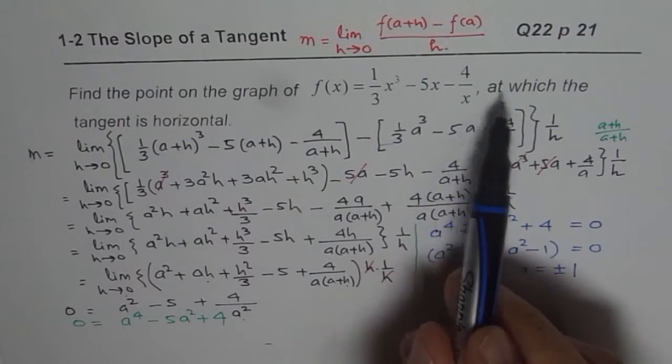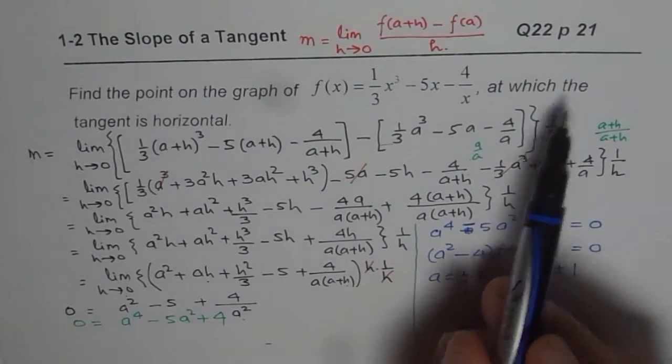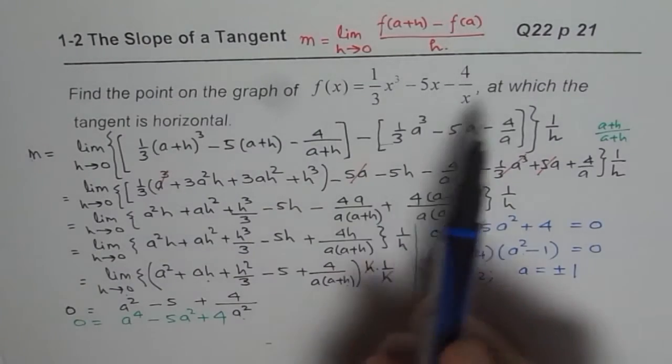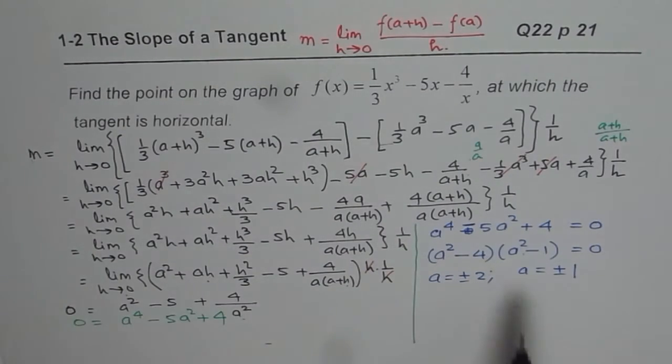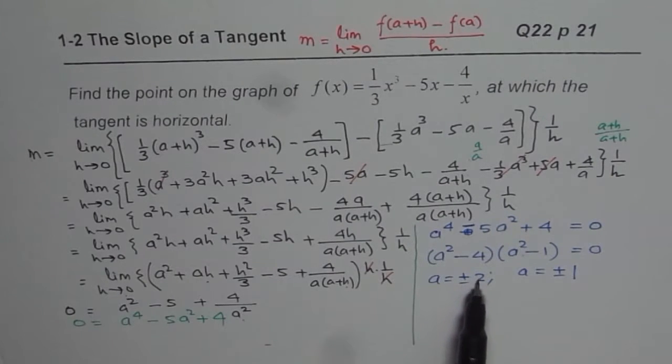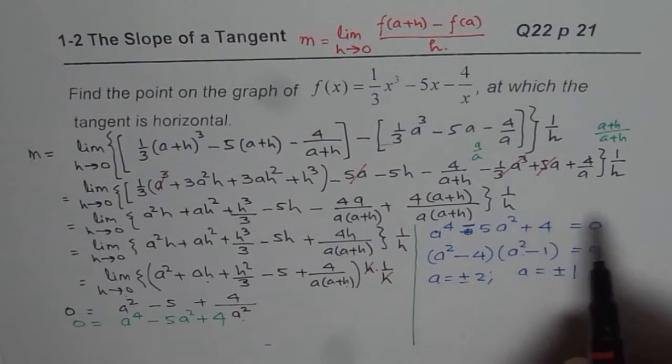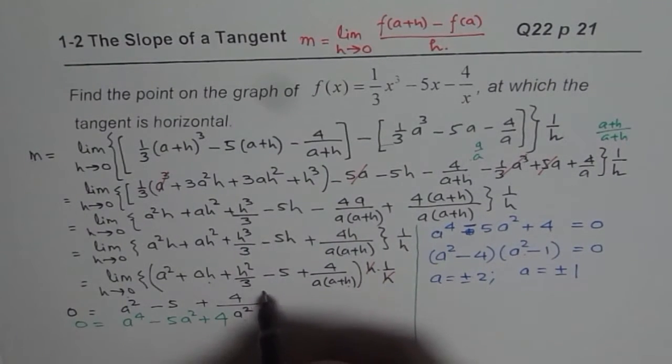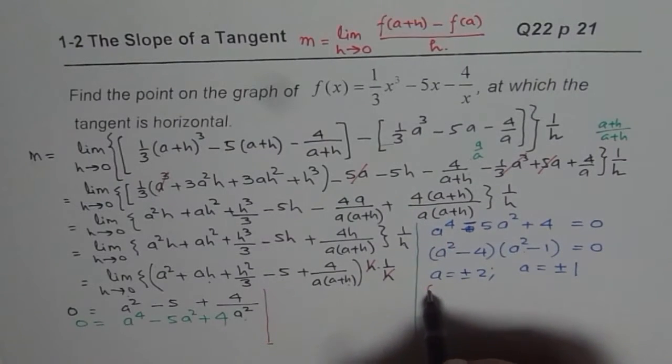So it says, find the points on this graph at which the tangent is horizontal. So those are the points where the a value is plus minus 2 or plus minus 1. So now what you can do here is find the y value by substituting, right? So we'll write what f of 1 equals.